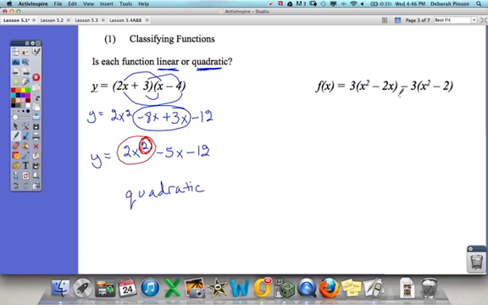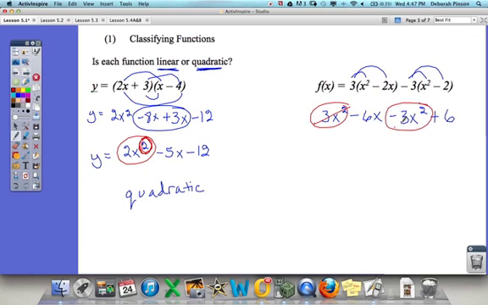Okay, let's do one more. So I'm going to simplify these down. So I have 3x squared minus 6x. Distribute out here. Now I'm going to get a little bit of canceling to happen with the 3x squared and the negative 3x squared.